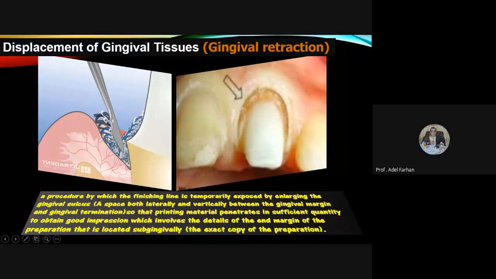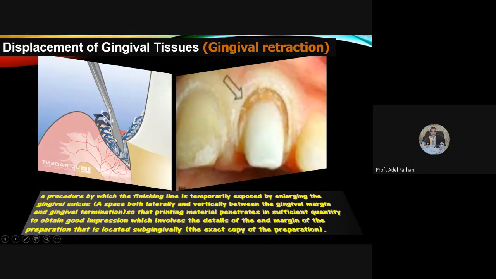So we need to expose this area so that the material can flow at that area of the margin and give us a good imprint. In gingival retraction, we expand the gingival sulcus, so it gives us a space so that the impression material flows easily to record the detail of this area.